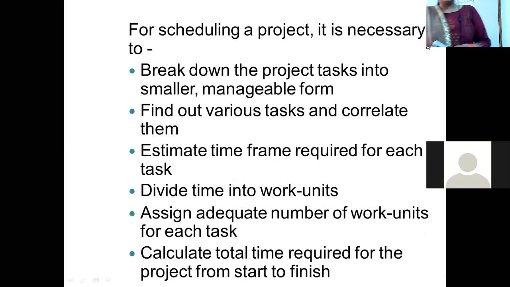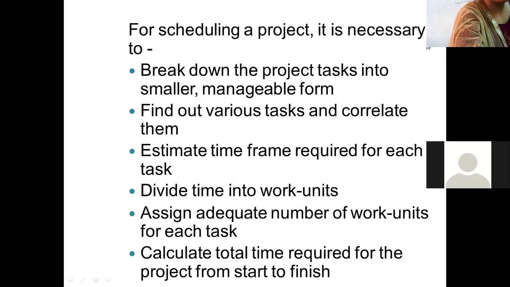So in project scheduling, it is necessary to break down the project into smaller manageable tasks, find out various tasks and correlate them, estimate the time frame required for each task, divide the time into work units, assign an adequate number of work units for each task, and calculate the total time required for the project from start to finish.